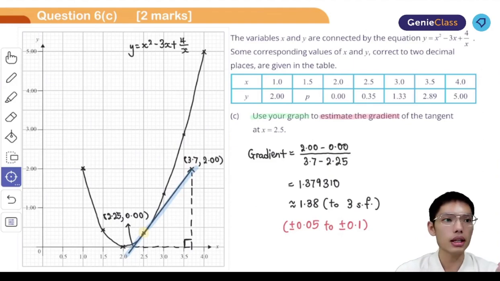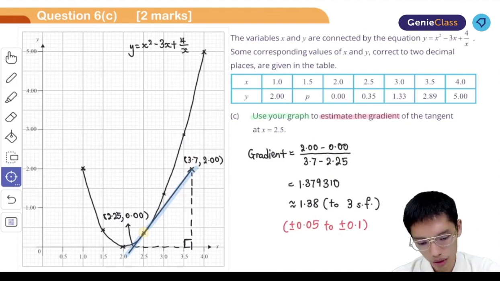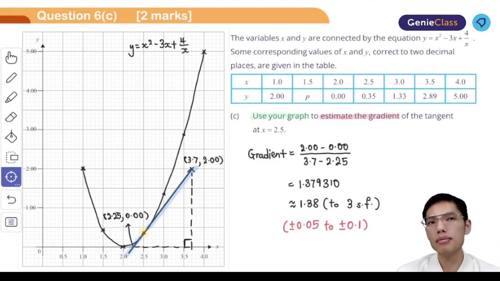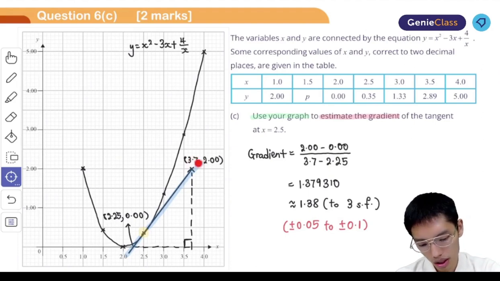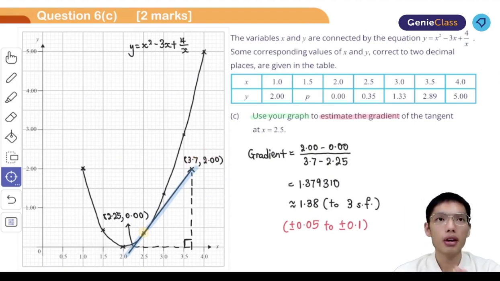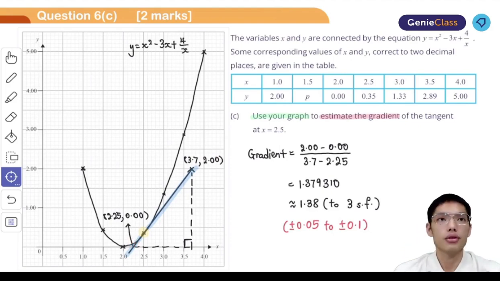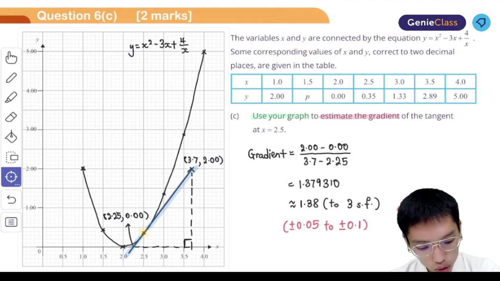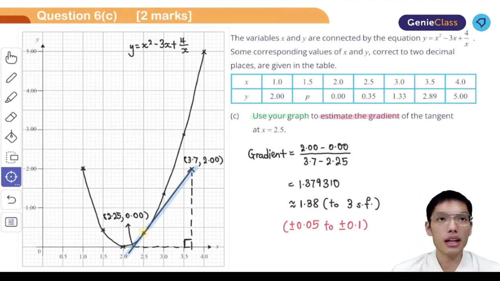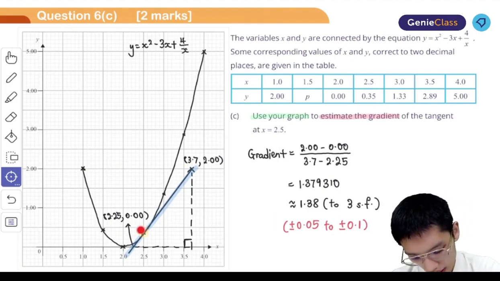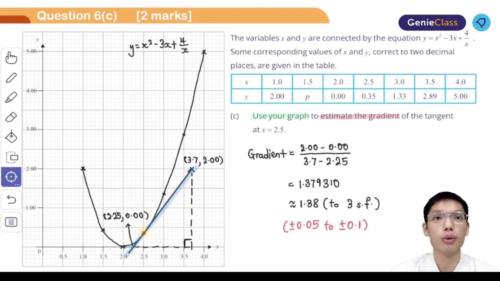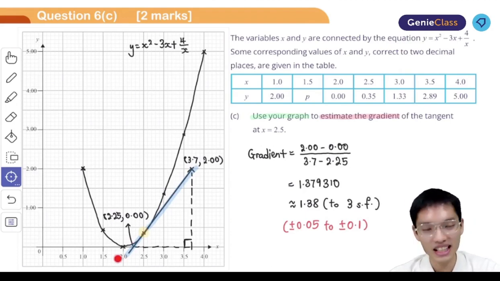For example, when I read this value, it can be 3.7, 2, but sometimes we can read this as 3.65, 1.95, or a little bit more, similar to my value over here. Of course, that's where your calculation comes in, but it should not deviate too far. So be very careful, make sure your gradient touches here and your line is as straight as possible. In this case, it's a rather straight line.